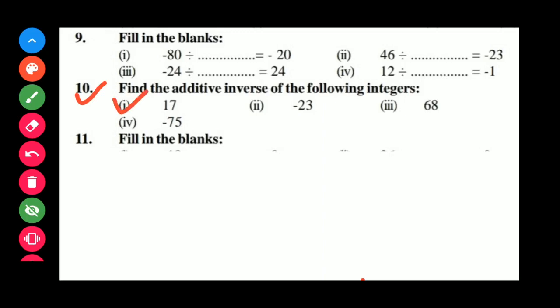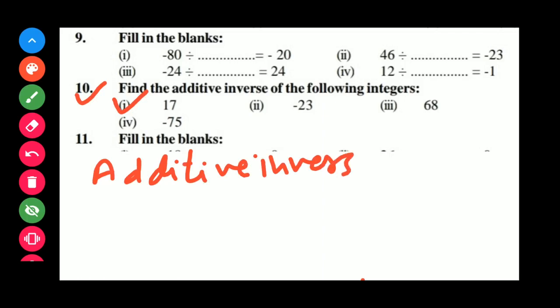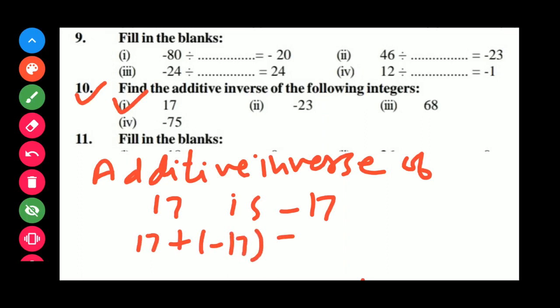So the additive inverse of 17 is minus 17, because 17 plus minus 17 becomes 0. So your answer is 17 with a minus sign. That is your answer.